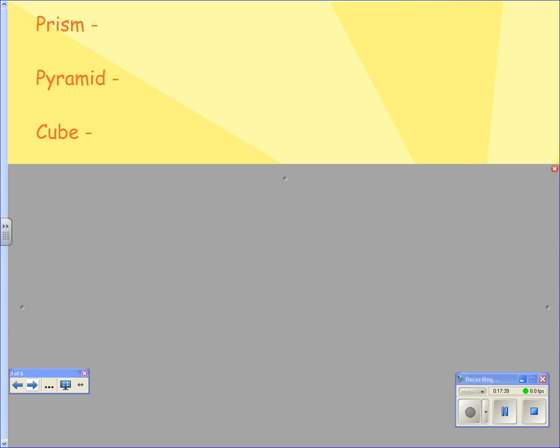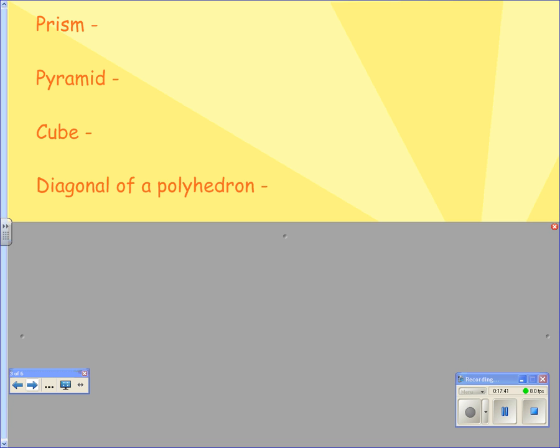All right, last definition. The diagonal of a polyhedron is a segment whose endpoints are the vertices of two different faces of a polyhedron.